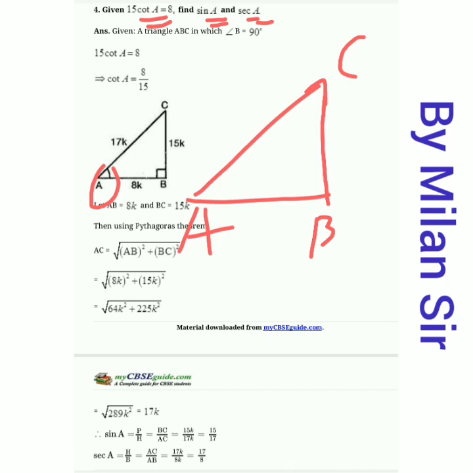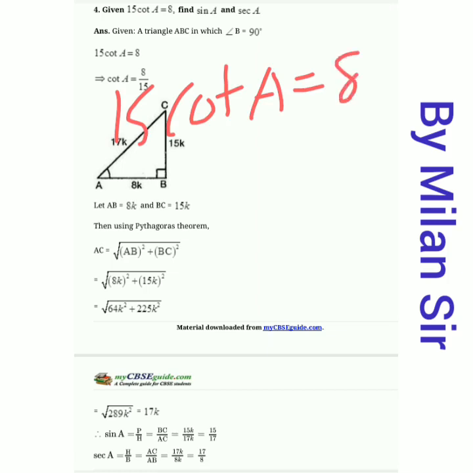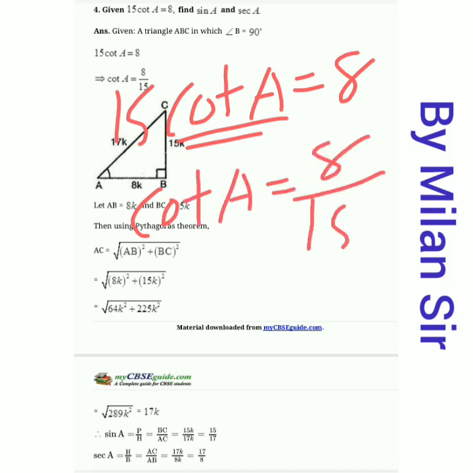Okay, then 15 cot A is equals to 8. Now what is the meaning of this? 15 cot A is equals to 8. So you can find cot A from here, transfer 15 to the right hand side, so it goes in denominator, so 8 upon 15.